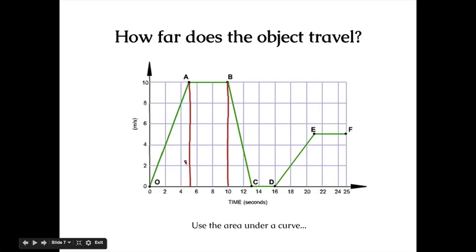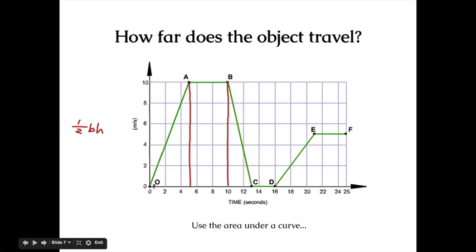So the first thing we need to do is to find out what the area under this curve is right here, under this line. And one way we could do that is just to count the squares. Or what we could do is just use our formula for a triangle, which is 1/2 base times height.